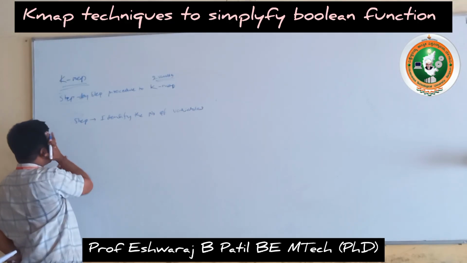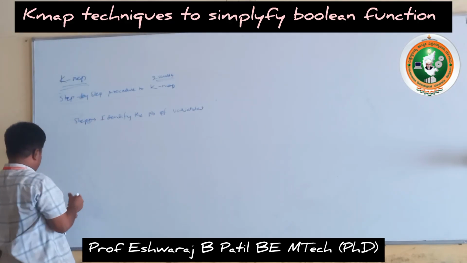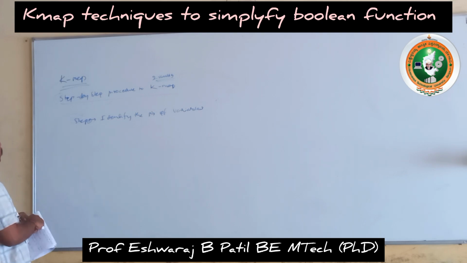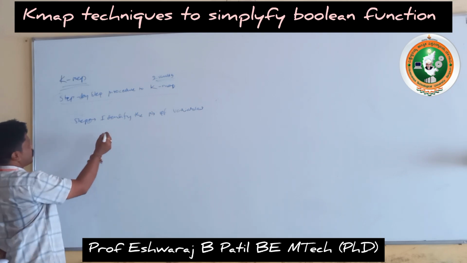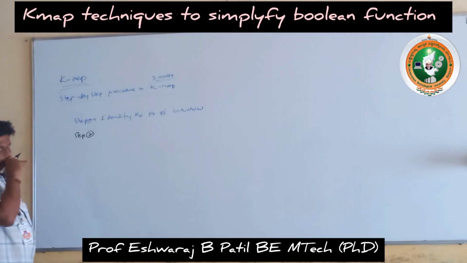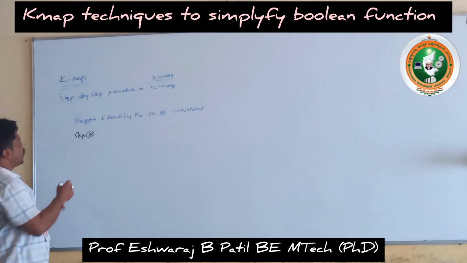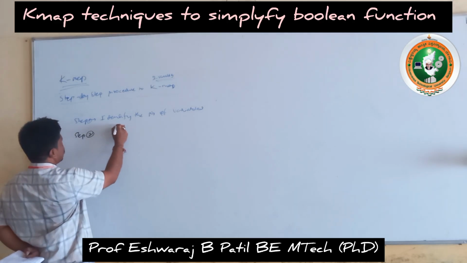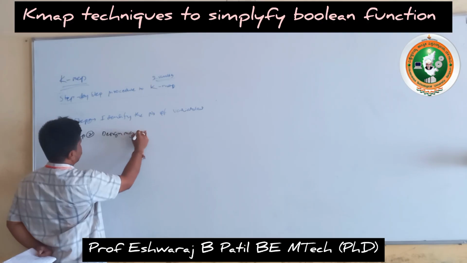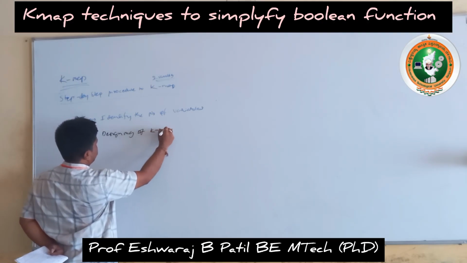After we identify the number of variables present in the Boolean function, step 2 is designing the KMAP.